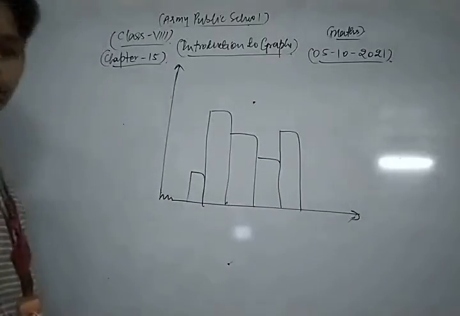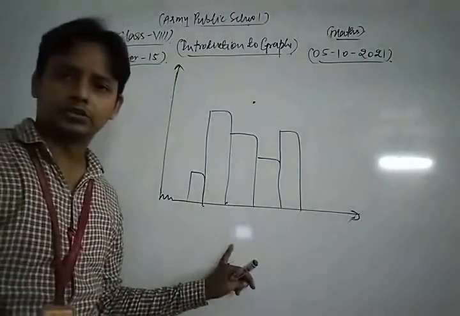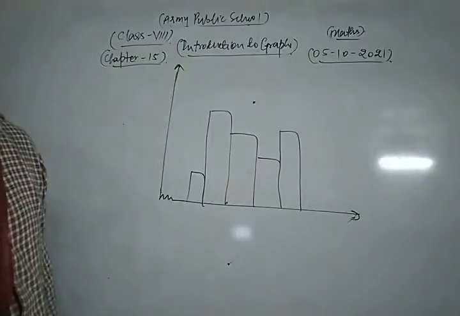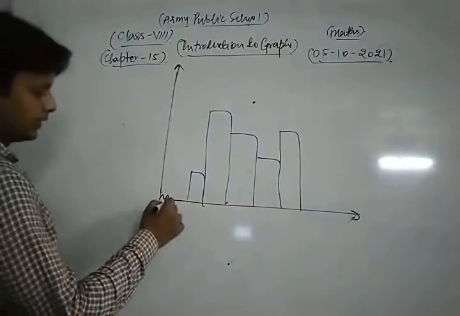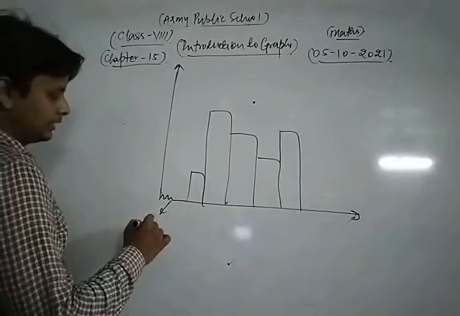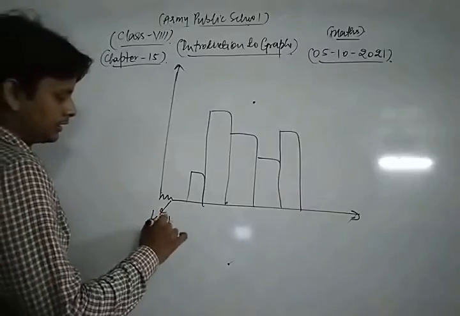This is the concept of a histogram. Here this symbol is called a kink.